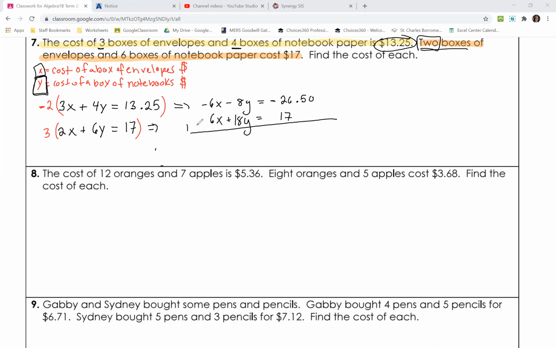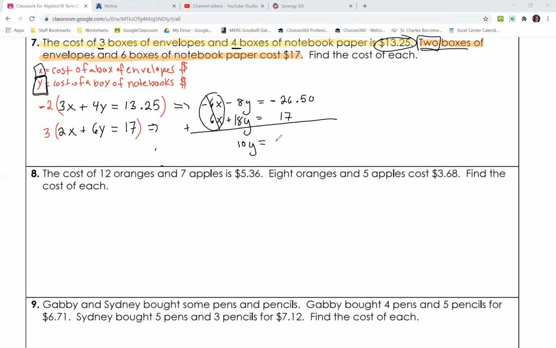Okay, now I can add these together and the x's will go away. So I have 10y equals, what is this going to be? Negative 20. Now, I'm a little wary here that something may have gone wrong. And why?